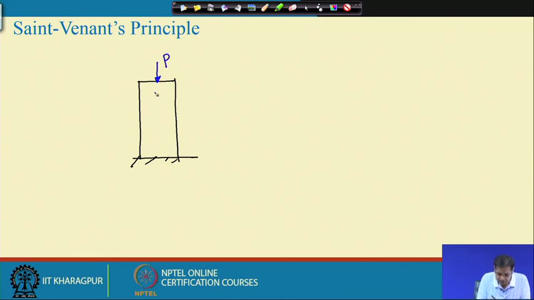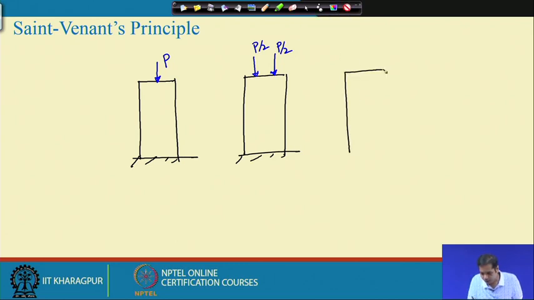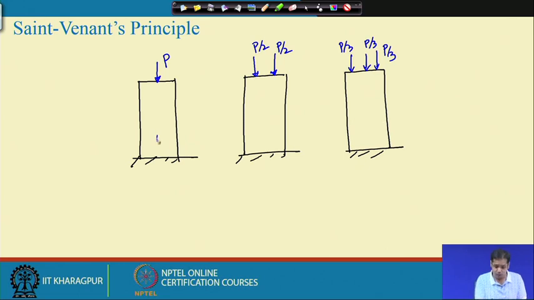Now, suppose you take another problem where the same thing, but the load is P by 2 and then another is P by 2, or you take another problem where you apply 3 loads, all are P by 3, P by 3. So, you see all these systems, system 1, system 2 and system 3, they are statically equivalent systems.